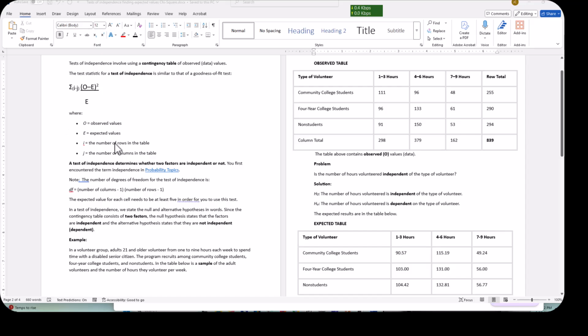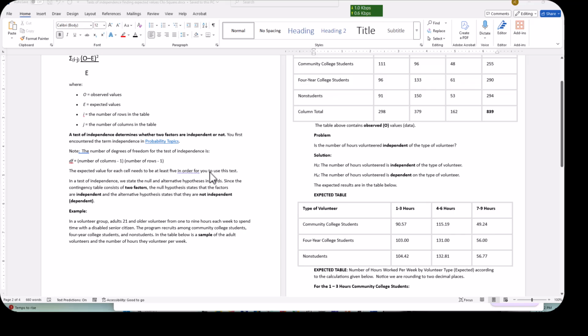Okay, so here's what everything means. A test of independence determines whether two factors are independent or not. And you saw this independence and dependence in, I think, chapter 3 of probability topics. Just a note here, the number of degrees of freedom for the test of independence is df equals your number of columns minus 1 times your number of rows minus 1.